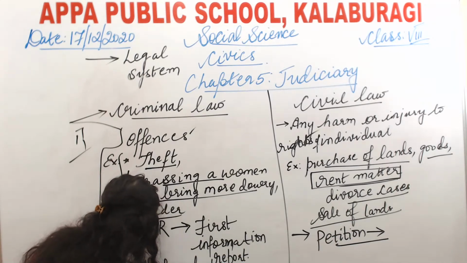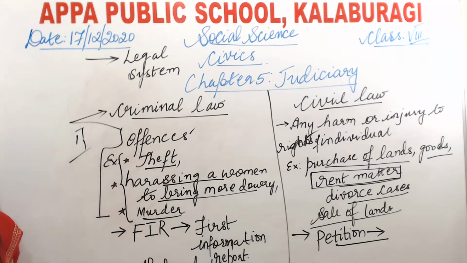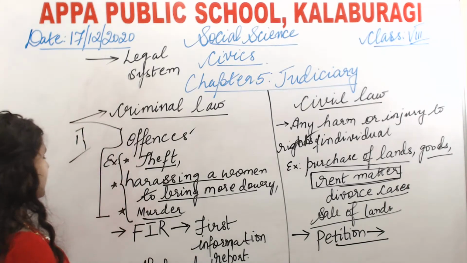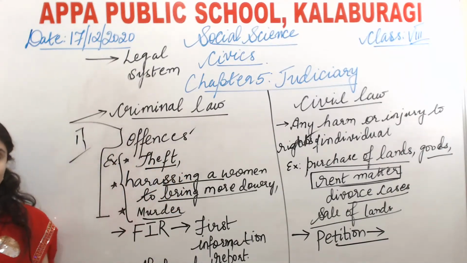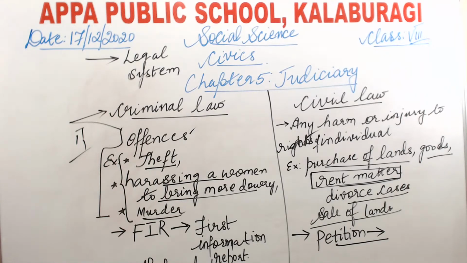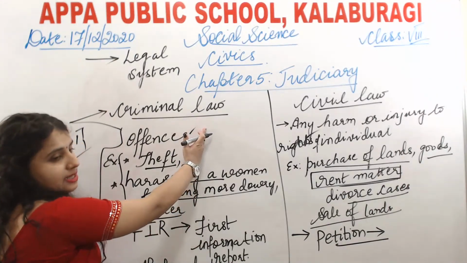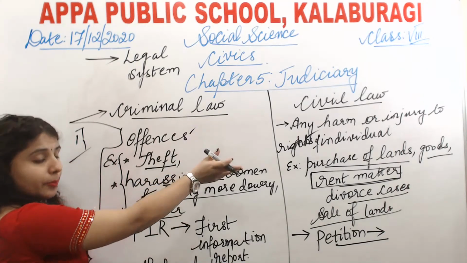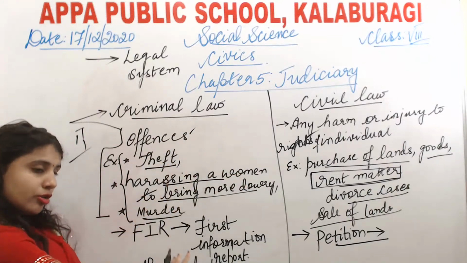If found guilty in a criminal offense, they are either imprisoned or fined or both. They are sent to jail, or they are fined, or they are sent to jail and also fined.